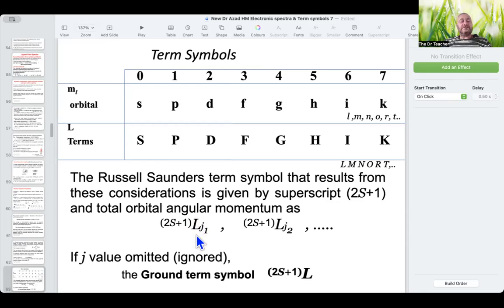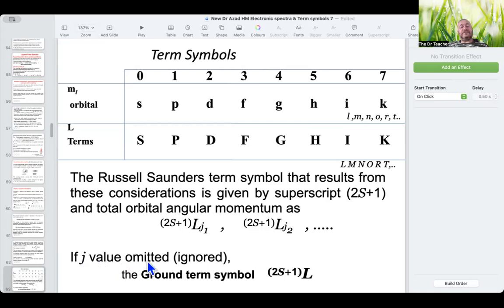You replace the L. But when you count 2S plus 1, you go with the spin. What is the status of the spin? Is it half, minus half? You put it at the top left. At the lower right, it will be J. And the J here is what? The coupling between S and L.